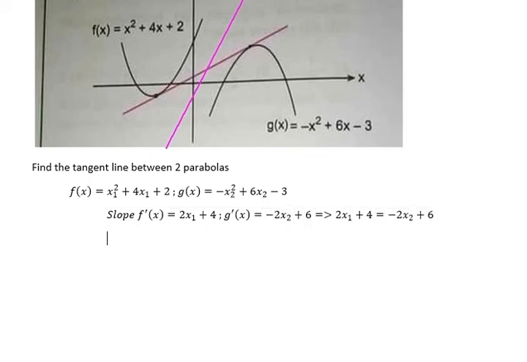Next, we have the tangent line. Because the tangent line is the same for two parabolas, we can create the second equation.